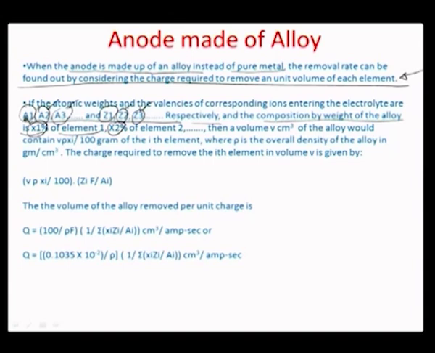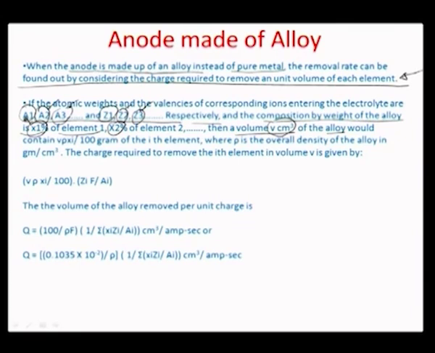Okay. And the whole idea is about the removal of a volume V centimeter cube of this alloy, where all these paradigms need to be somehow integrated, so that total amount of volume that is removed is V centimeter cube. And how much will that contain in terms of the mass?